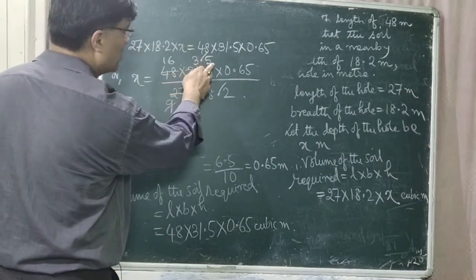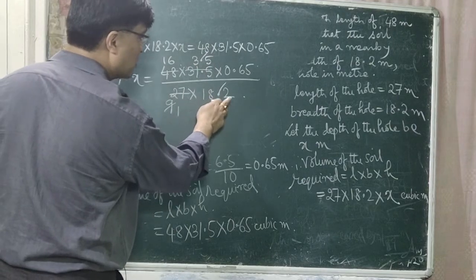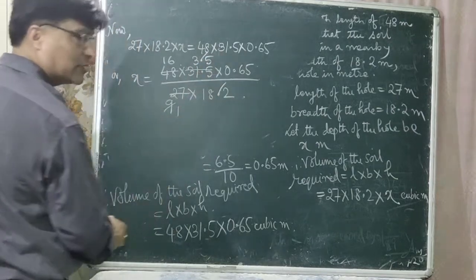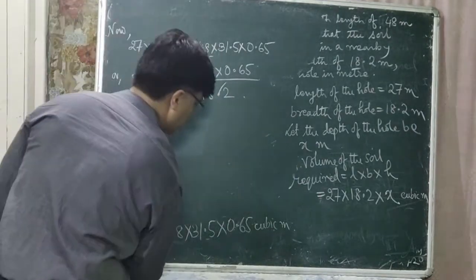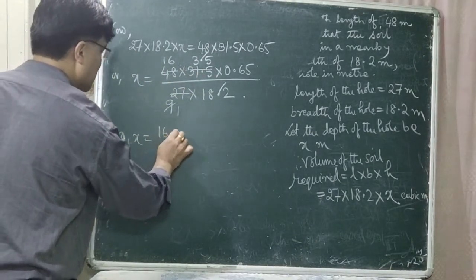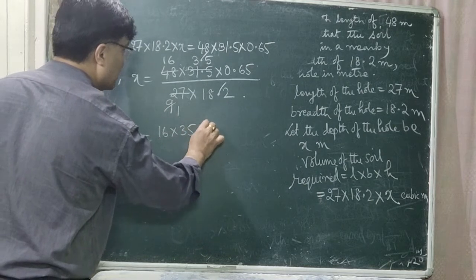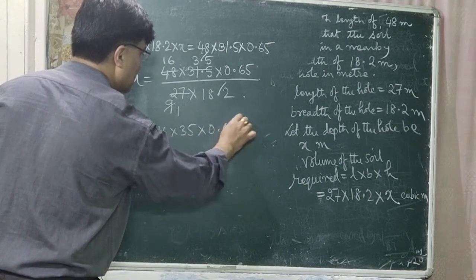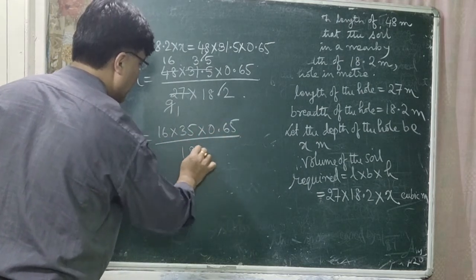So after the decimal point there is one figure here, and here also there is one figure. So you can cancel this decimal point, right? And now x is equal to 16 into 35 into 0.65 divided by 182.